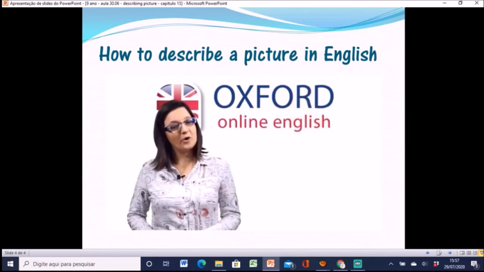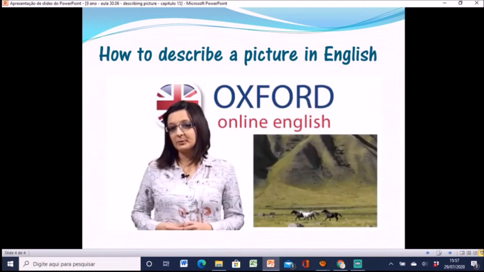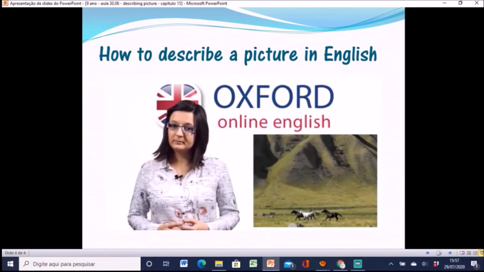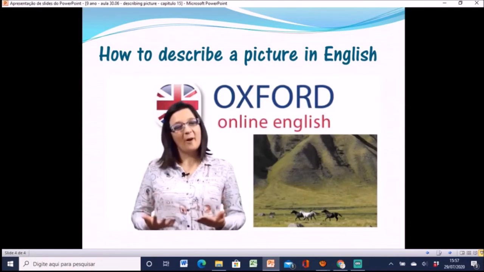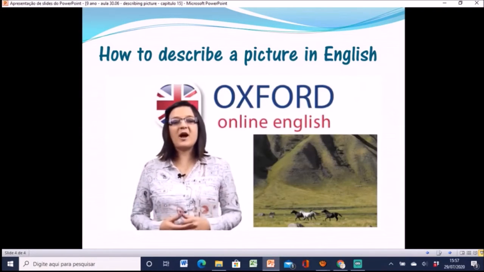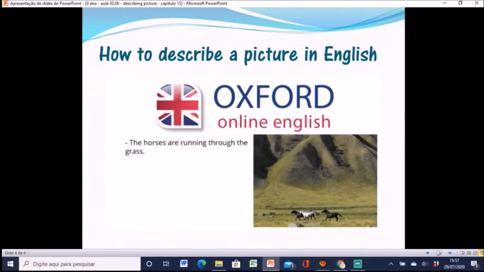Let's try one more. In this picture, what do you think you should focus on in your description? Fairly obviously, you should talk about the horses. Let's try. The horses are running through the grass. 2 of them are black, but the one in the middle is white and gray.